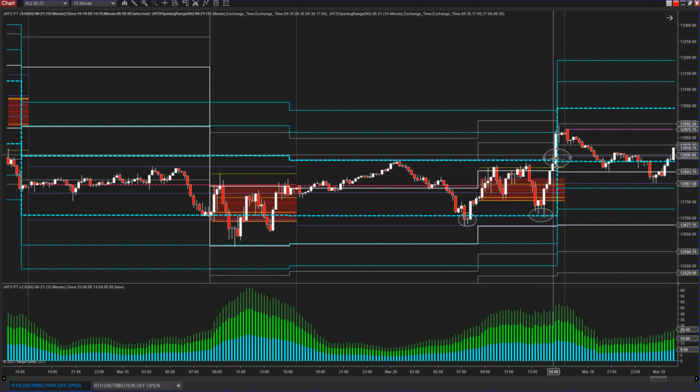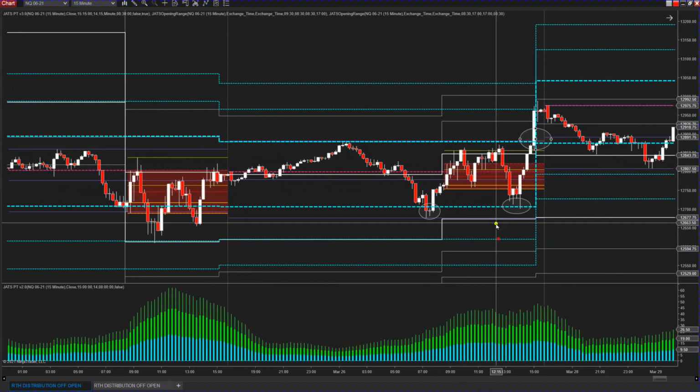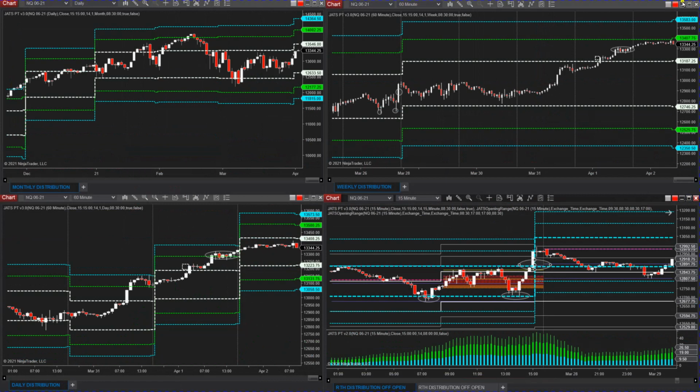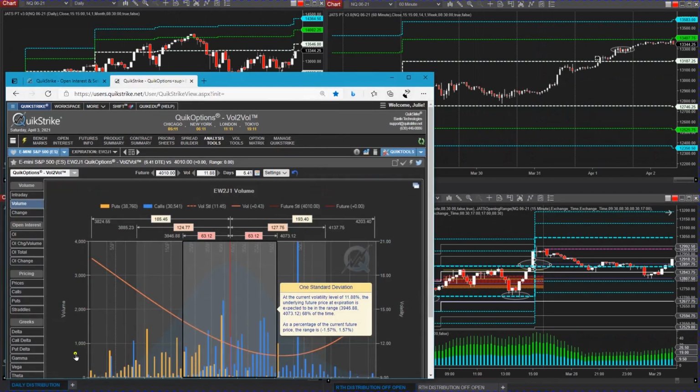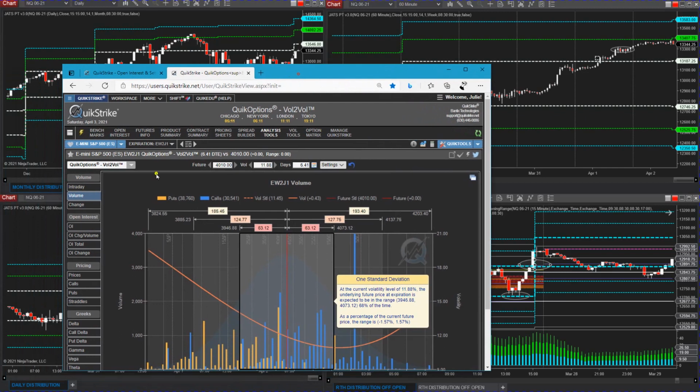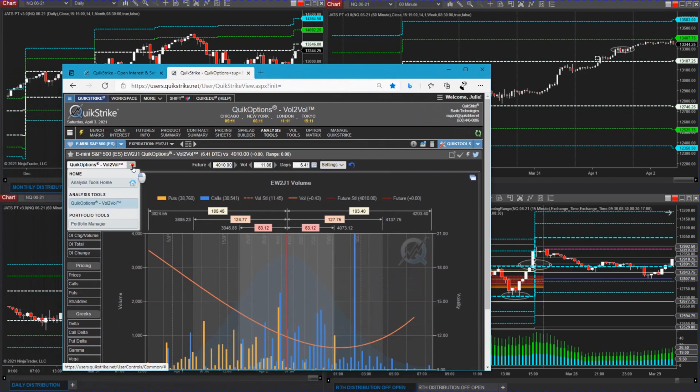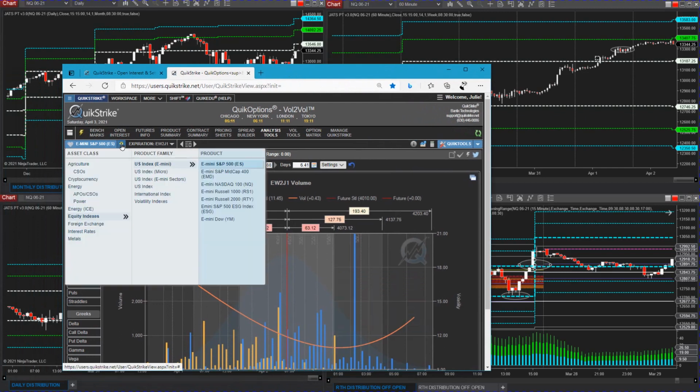But this right here was that Vega flip. And I'll show it to you on the options. Bring up the options screen again and change this to the NQ.